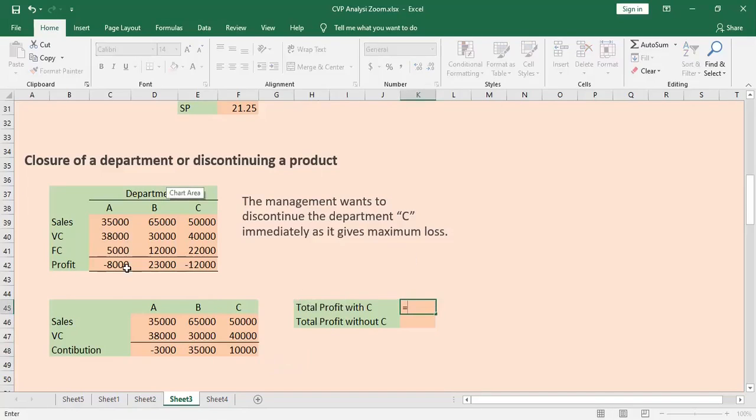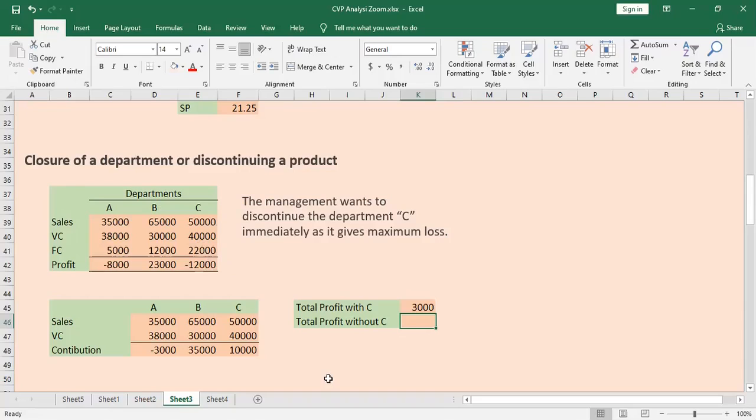So you are making negative 8,000 profit plus positive 23,000 profit in department B, and again negative 12,000. That means you are making a profit of 3,000 for the entire organization from these three departments. So if you get rid of C, what will happen?